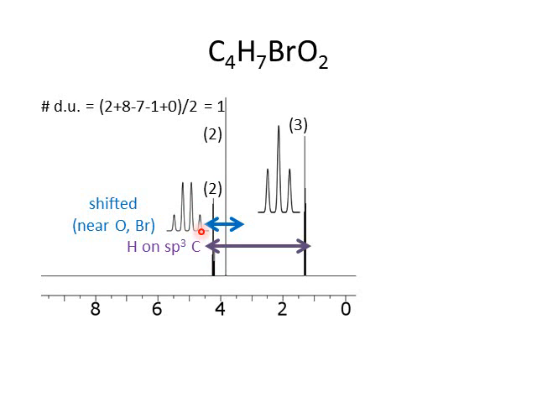And they must be near something relatively electronegative. We got a couple of possibilities here. Bromine and oxygen, we don't know yet which it is. On the other hand, this signal seems to not be next to those, because it's more to the right within that sp3 hydrogen on sp3 hybridized carbon region.